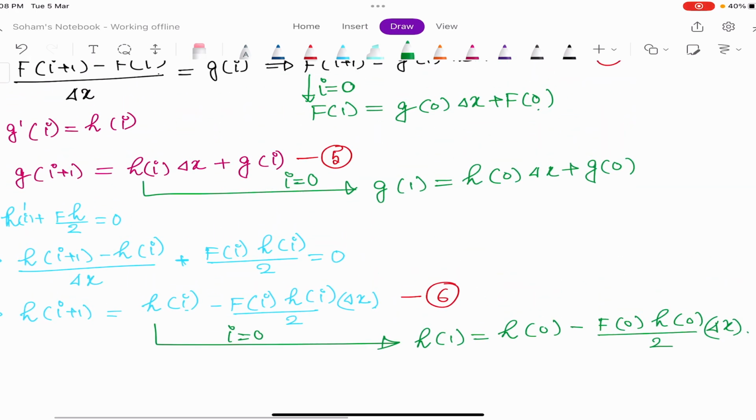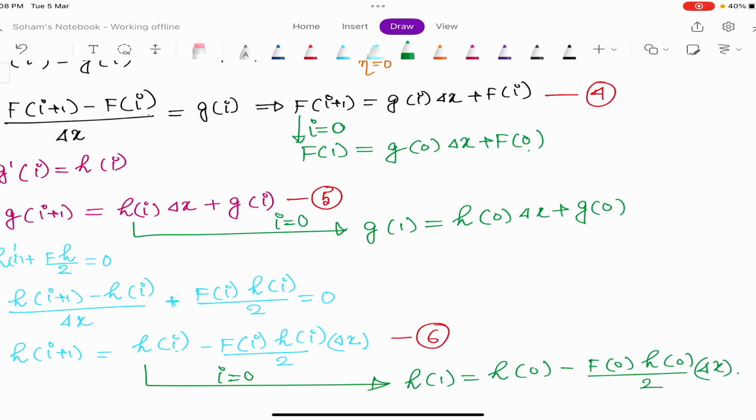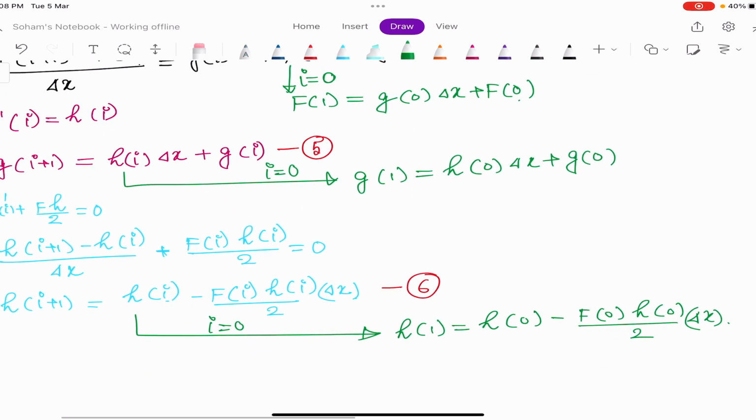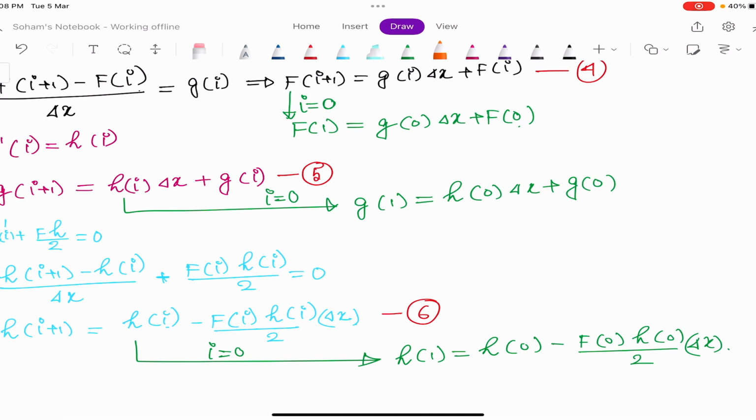Now I am showing you all these things because in the code you may not be using this Euler method, but still I am showing you the algebra because I want you to know the solution method. Now you put I equal to 1.